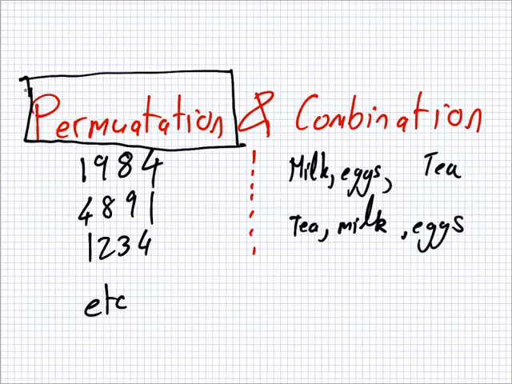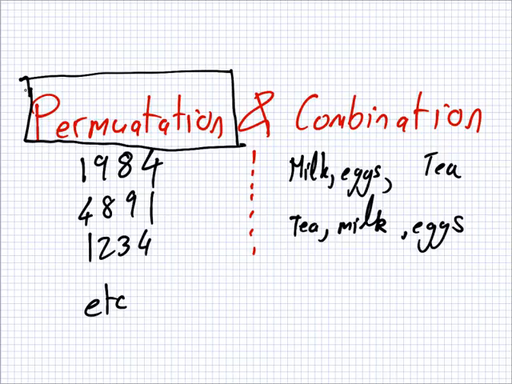Can you give me some more examples of a permutation? So what else is a permutation? Cards. Yeah? Identify the card. I forgot the name. Barcode?